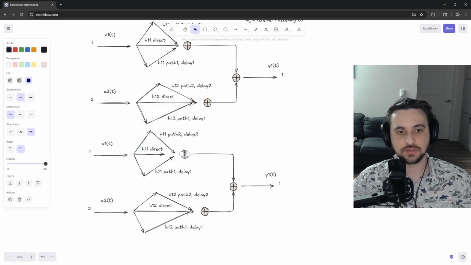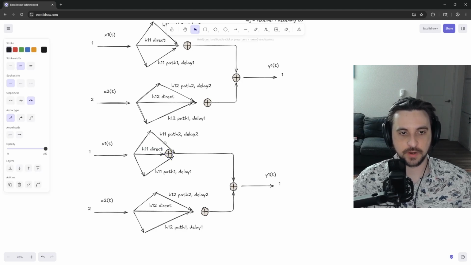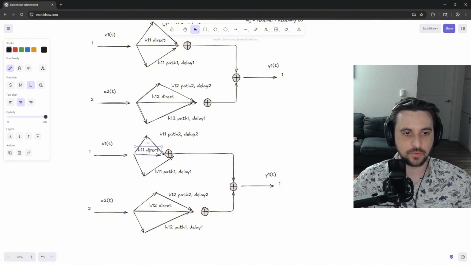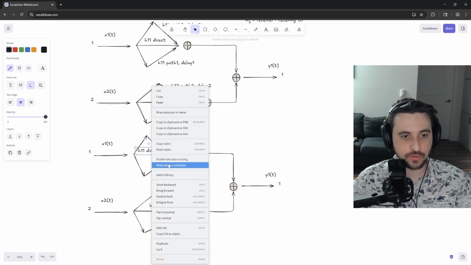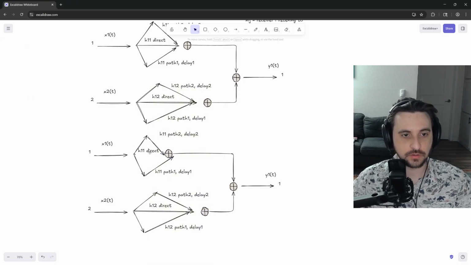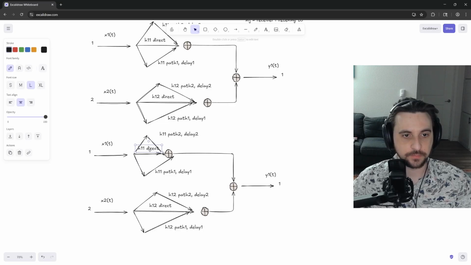Maybe this second receiver is much closer to the first transmitter. Okay, so they look something like this. Oh no, I should put it here. Oh, I can't. Okay. Oops. Send back. No, I can't send you back. Okay.